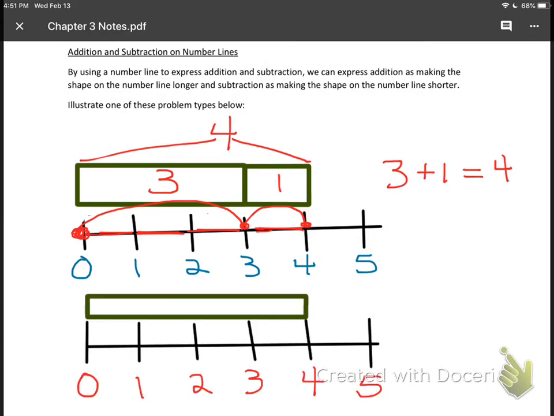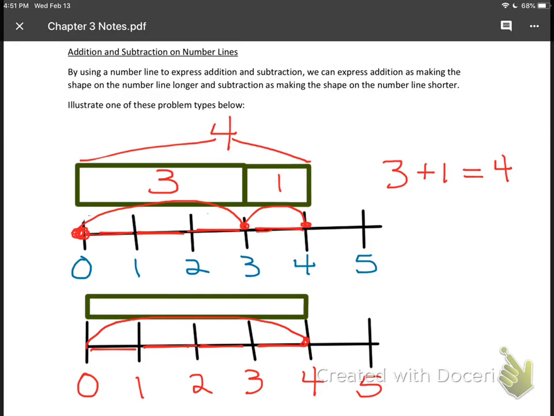So let's start our subtraction. Let's say initially we had 4. So we have jumped from 0 to 4, and that distance is 1, 2, 3, 4. So what if, I'll change colors, what if we wanted to go back 2?